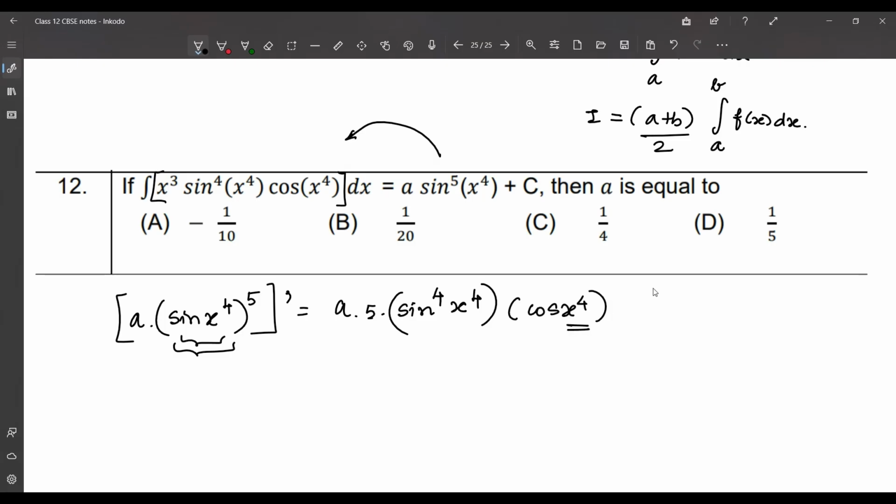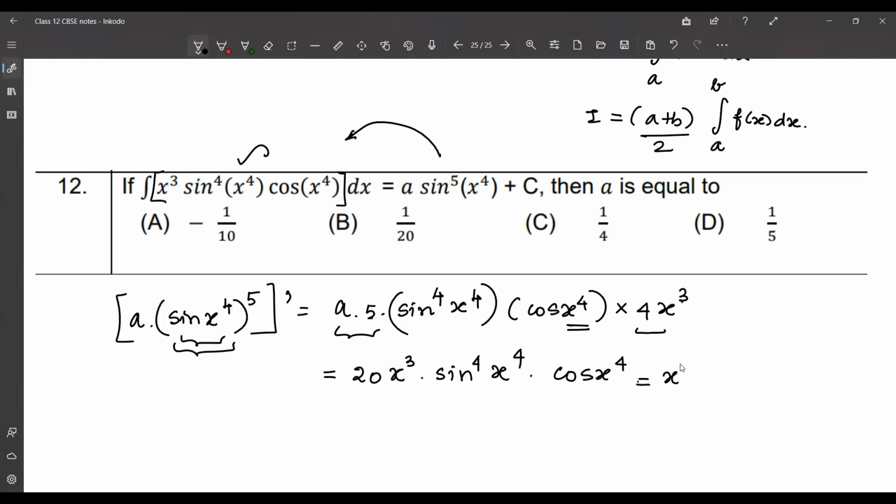On further differentiation of the x⁴ term, it becomes 4x³. So if you take a into 5 into 4, it becomes 20a x³ sin⁴(x⁴) into cos x⁴. Now I'm comparing it against this term, x³ sin⁴.